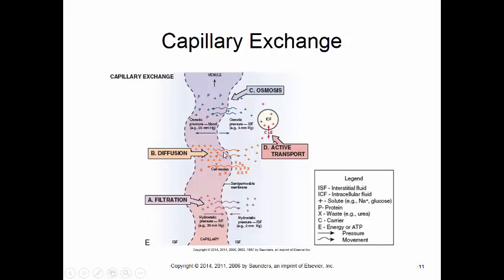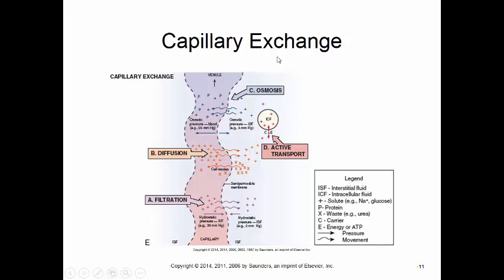We also have diffusion, which is from high concentration to low concentration, and that's how things move back and forth. We can also have osmosis, and this is due to the solutes. So we go from low solutes to high solutes, so the water is getting pulled back into the capillaries.